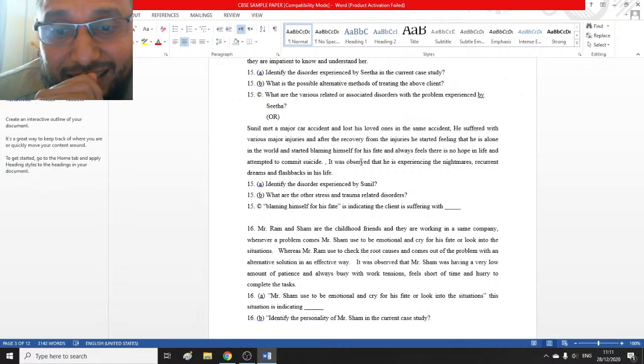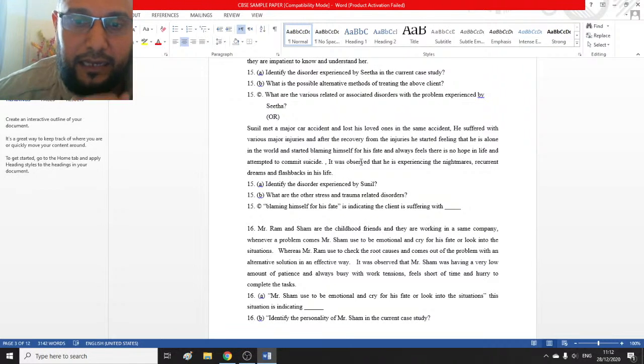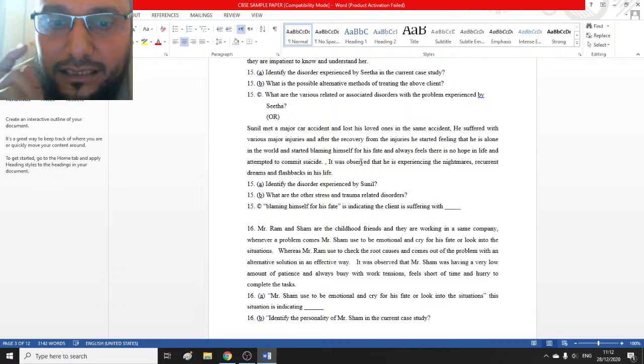What are the other stress and trauma related disorders? Here, the PTSD related disorders basically: acute stress disorder and adjustment disorder. These are the two more disorders in the category of stress and trauma related. In stress and trauma related disorders, the first one is PTSD, the second one is acute stress, the third one is adjustment.